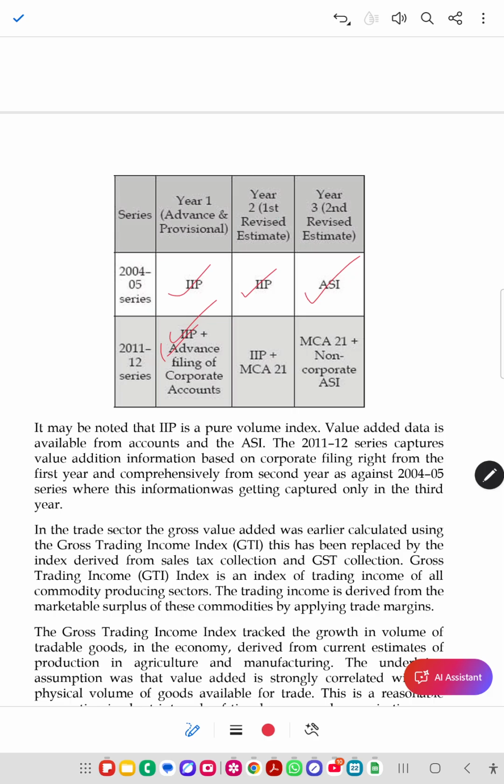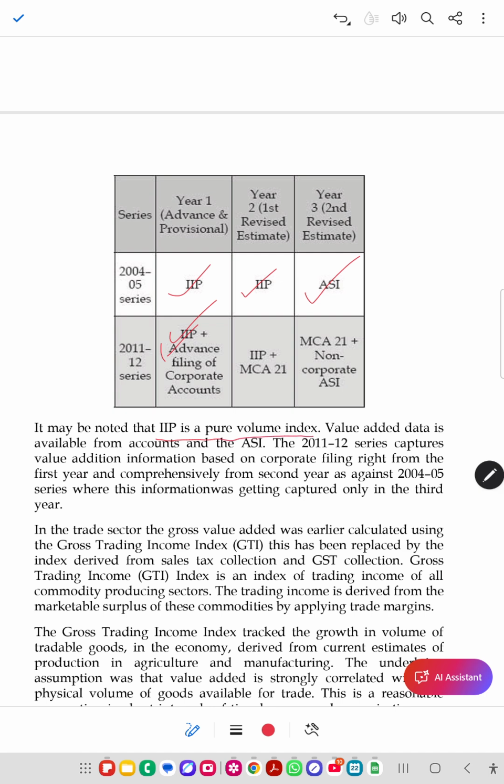Year 2, First Revised Estimates, IIP plus MCA 21. Year 3, MCA 21 plus non-corporate ASI. It may be noted that IIP is a pure volume index.